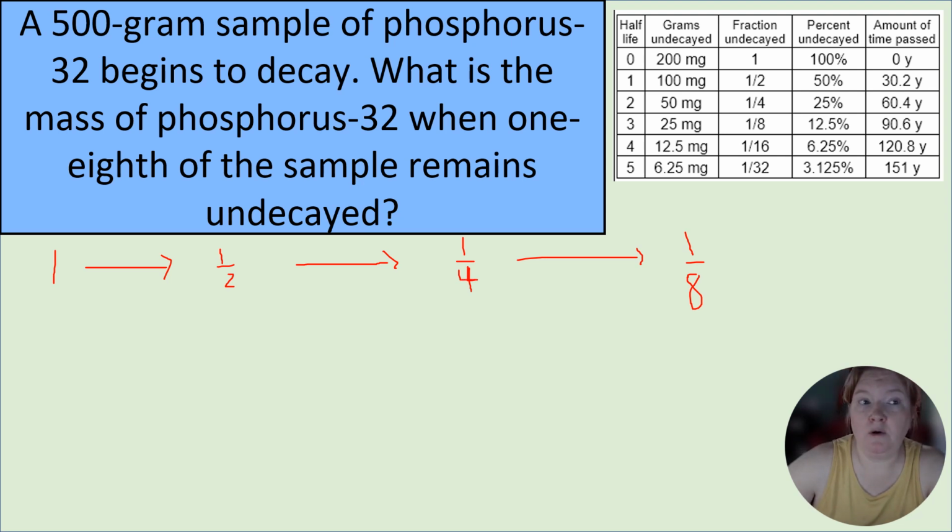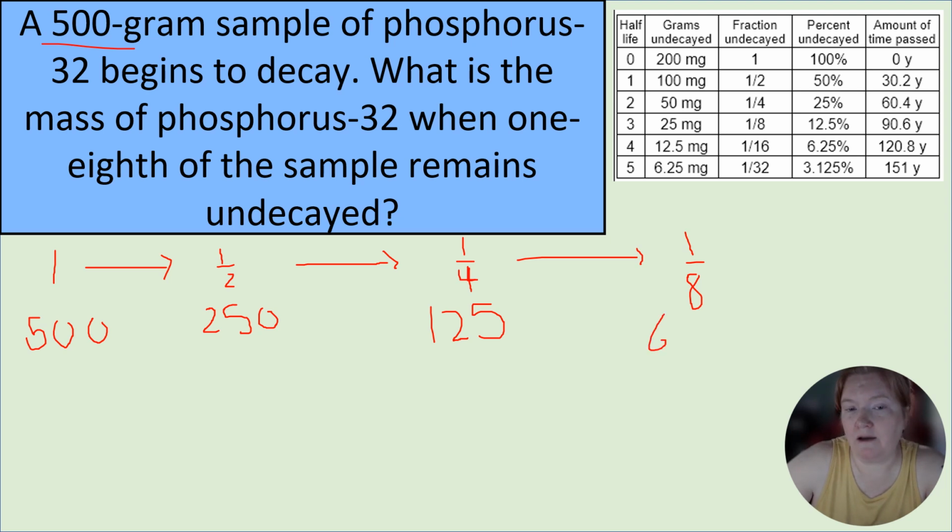Now I know which mass I started with: 500 grams. After 1 half-life, that would be 250 grams. After another half-life, that would be 125 grams. After another half-life, keep dividing by 2, I'd get 62.5.